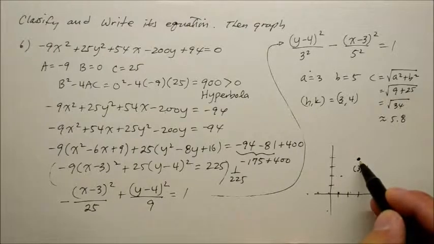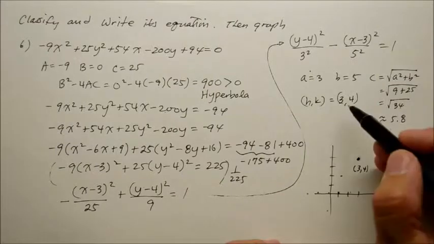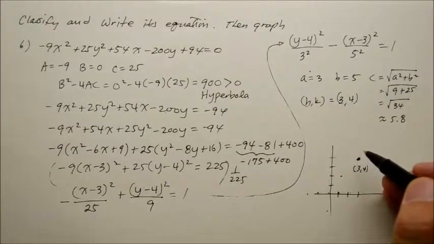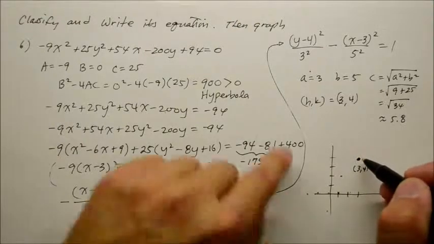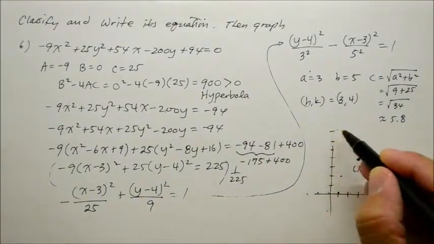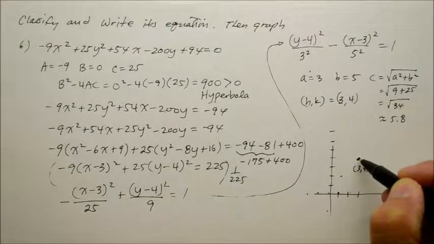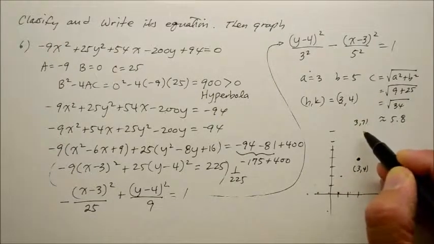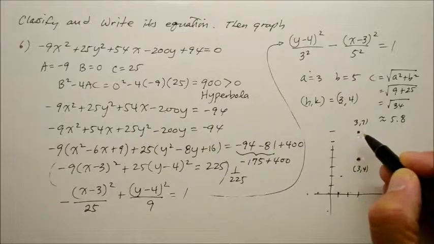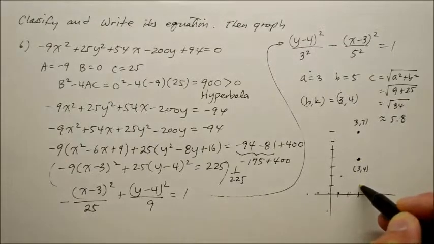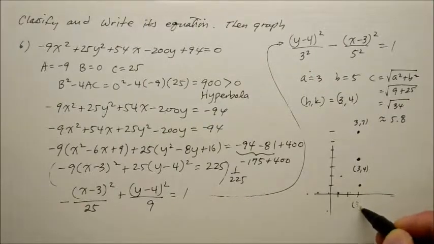From there, we know it's going to be a vertical transverse axis, and so the hyperbola is going to open up and down. So where are the vertices? They're 3 units away from the midpoint. So 1, 2, 3. If this was a 4, this will be a 7. So it's going to be (3, 7) right there. And it's going to be 3 away down from the midpoint. 1, 2, 3. So that's going to be (3, 1).